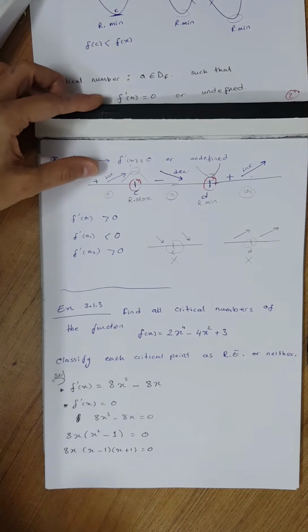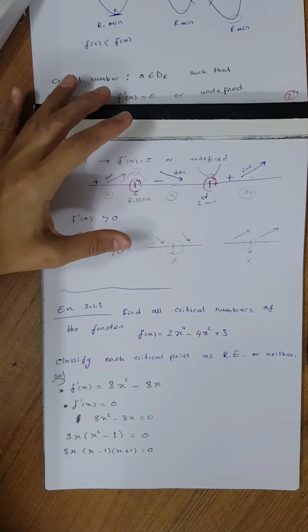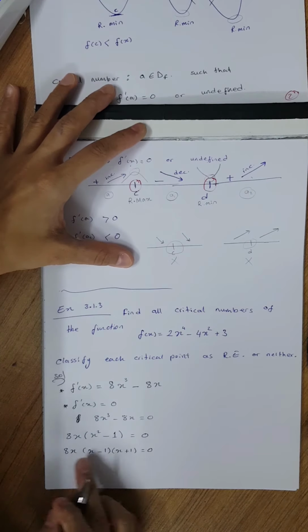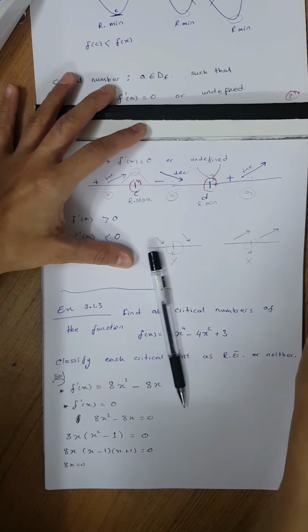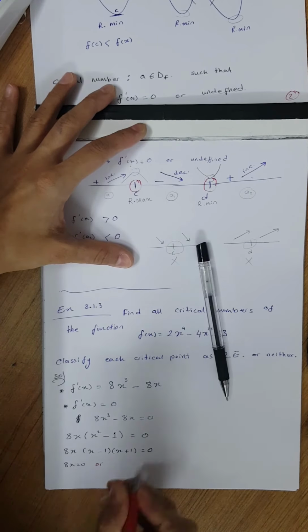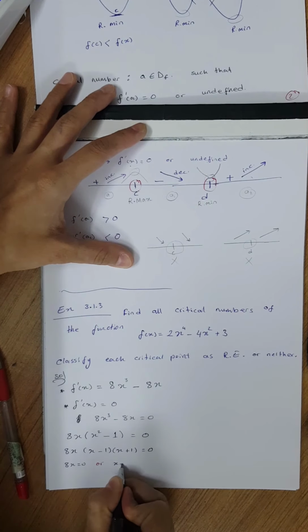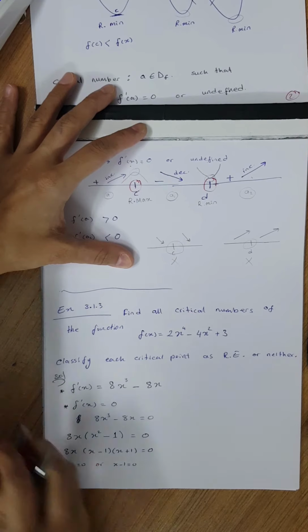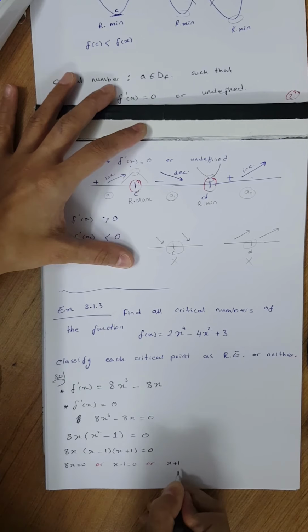It's expanded, that will become 8x multiplied by (x minus 1)(x plus 1) equal to 0. We've got this one, and that one, all equal to 0, so 8x is equal to 0, or x minus 1 is equal to 0, or x plus 1 is equal to 0.